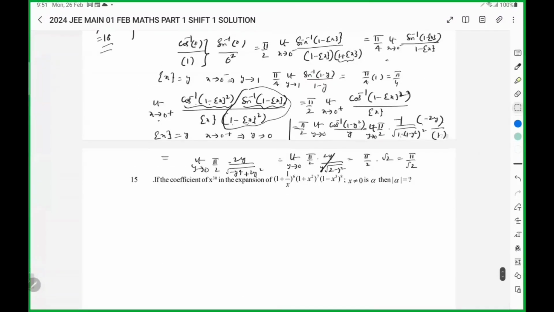Here, the coefficient of x power 36 in this expansion: x plus 1 power 6, x square plus 1 whole power 7, by x power 6, which is the same as x plus 1 power 6.